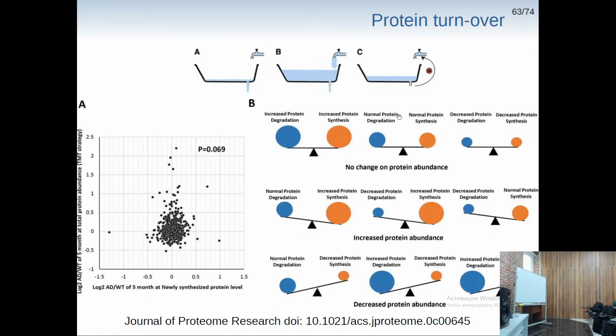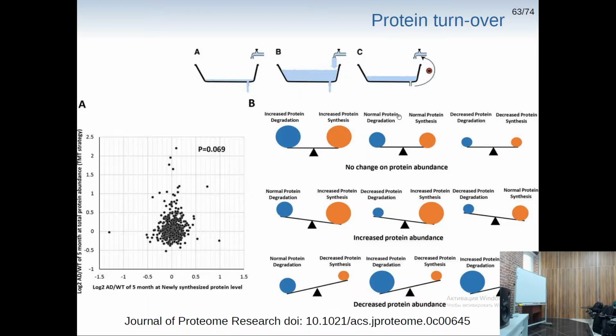And what we have here is that there are different scenarios: either the protein doesn't change its concentration during our experiment, but probably turnover is different, or the protein can change the concentration, but due to different processes, either more synthesis or more degradation. And actually, it's a different behavior for the cell.